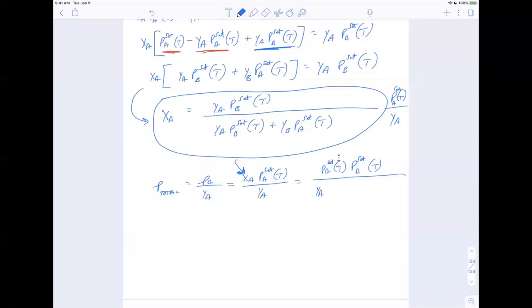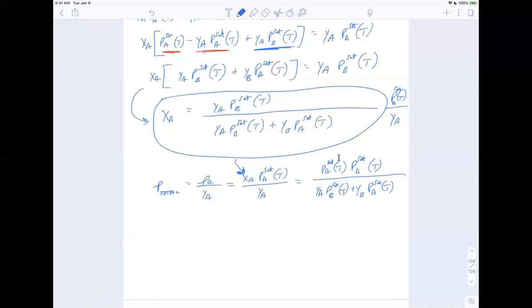So this just gives me ya times PB sat plus yb times PA sat, where again, the PA sat and PB sat are the vapor pressures at this temperature.